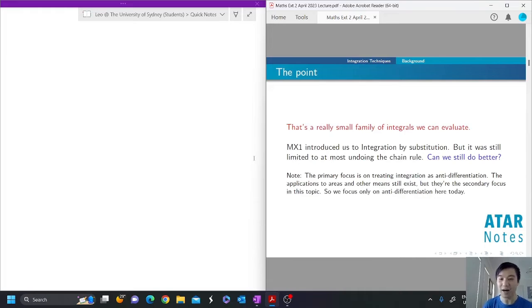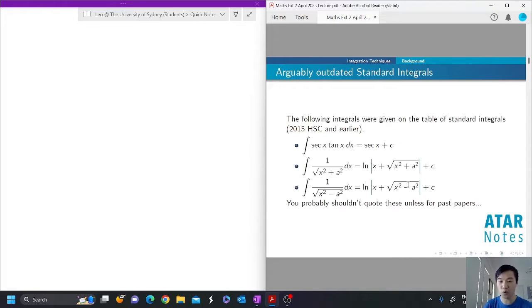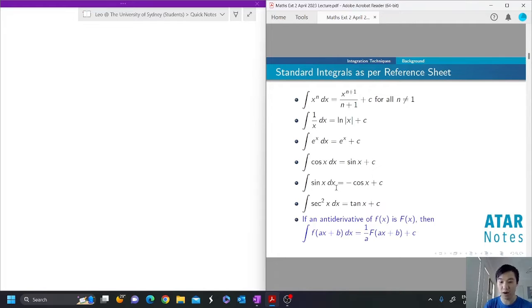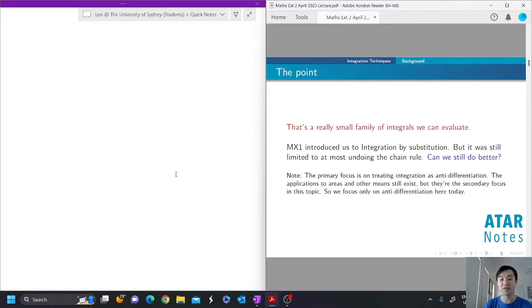But anyway, the point is that so far, out of all of these integrals, this is still only a very small family of integrals we can evaluate. So with more complicated stuff, we learned in Extension 1 techniques like integration by substitution, but it was still limited to sort of undoing the chain rule.